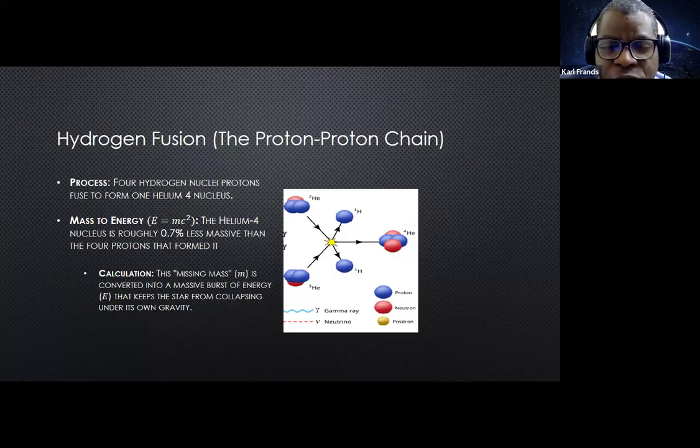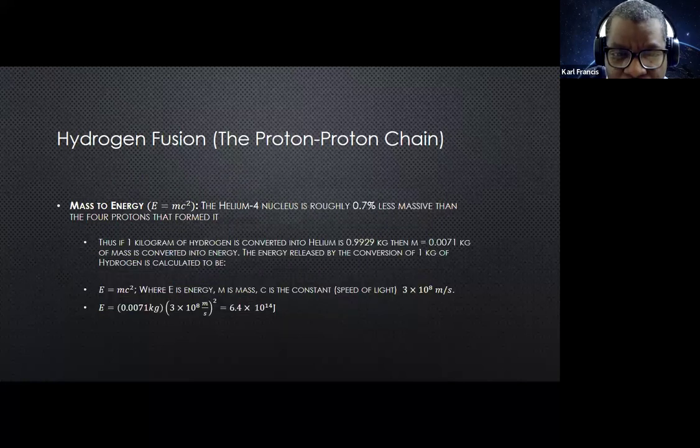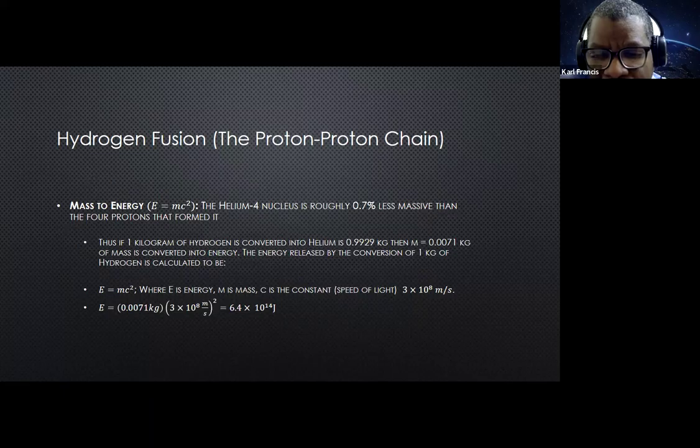As we said, we start off with hydrogen, and we had to do this two times, so 2 hydrogens for each set. That's 4 hydrogens, and we end up with a helium. Let's say we have a kilogram of hydrogen. We're going to end up with around 0.9929 kilograms of helium.